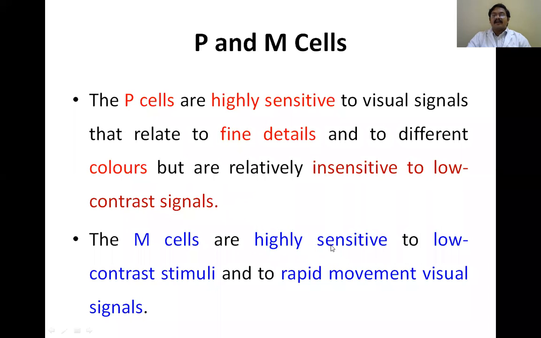The M cells are highly sensitive to low contrast signals, the opposite of the P cells, and they are very sensitive to rapid movement of visual signals.